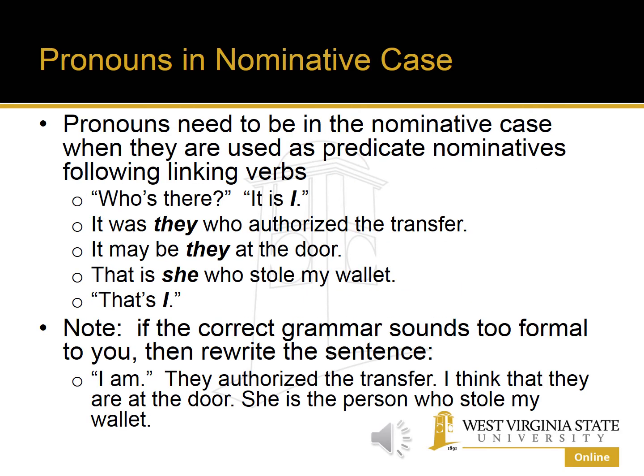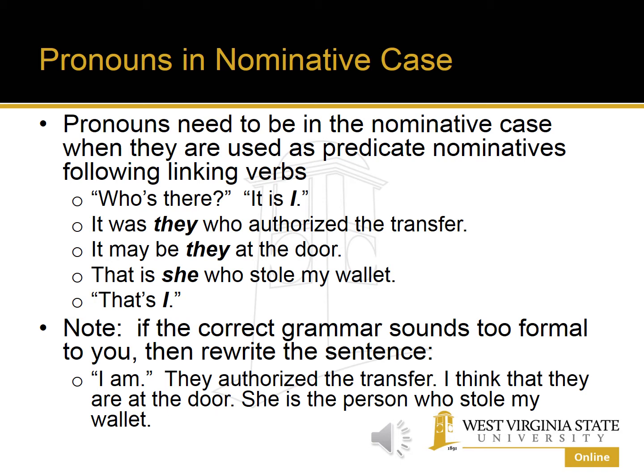So the final thing to look at are pronouns in the nominative case when we have a predicate nominative. As you recall, a predicate nominative is in a sentence where we have a linking verb. When we have a linking verb, the subject of the sentence and the predicate nominative on the other side of the verb have to be in the same case, in this case, nominative.